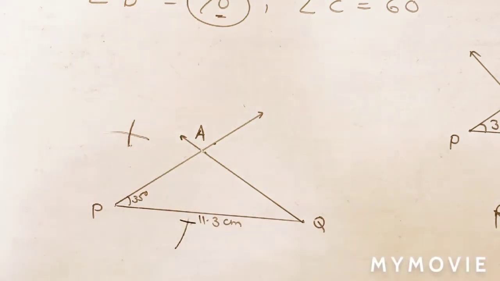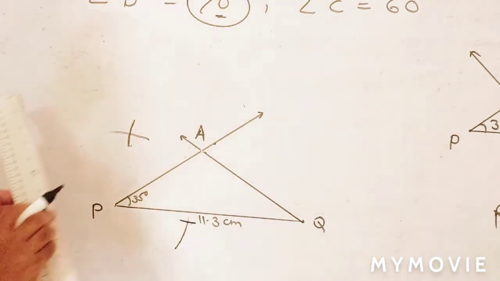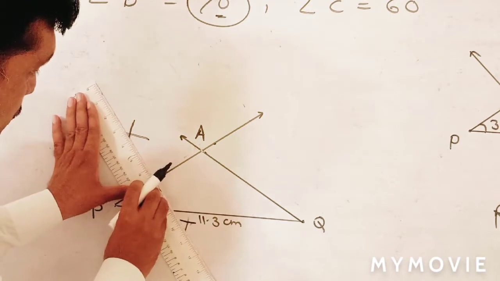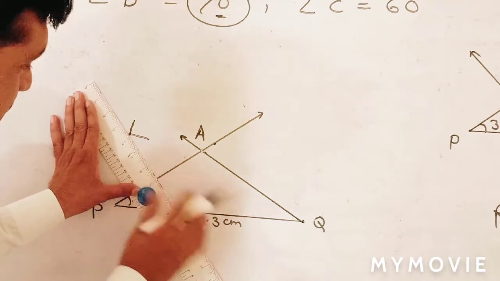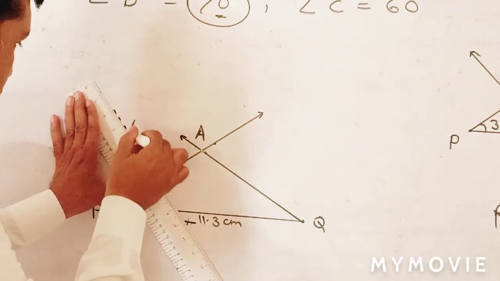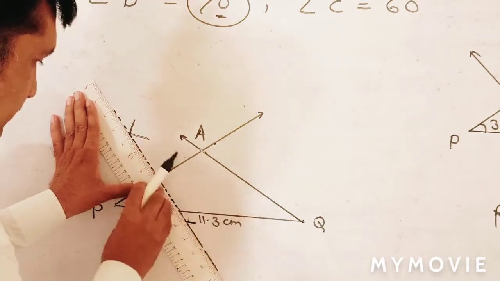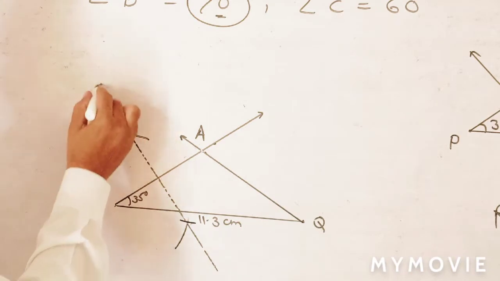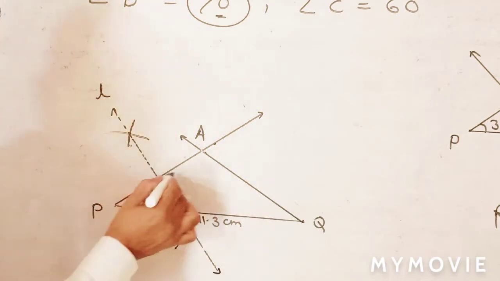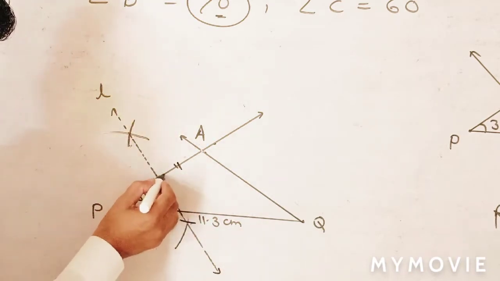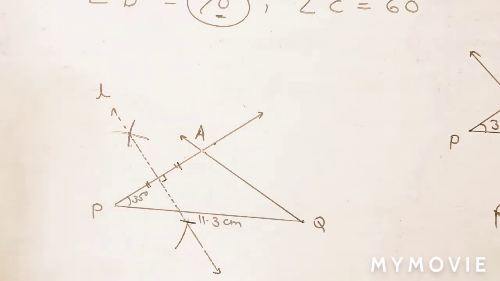After that, draw the perpendicular bisector: draw a line passing through these points. This is the perpendicular bisector of PA. I write line L here, with identical marks. Line L is the perpendicular bisector of PA.